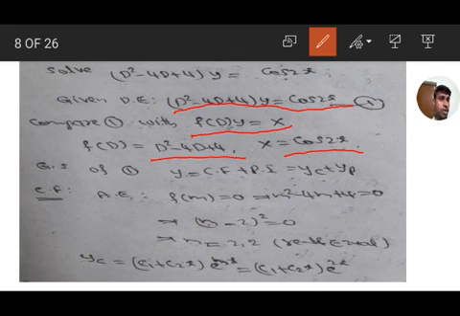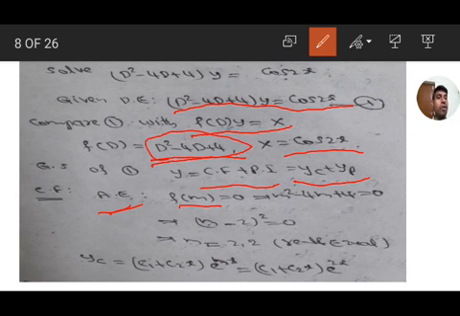So the general solution of equation 1 is y = complementary function plus particular integral, that is yc + yp. For the complementary function, the auxiliary equation is f(m) = 0. In f(D), replace D by m, that is m² − 4m + 4 = 0.